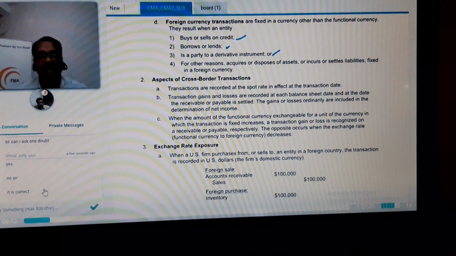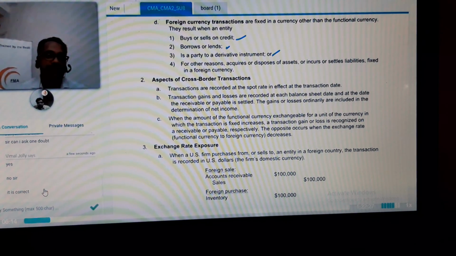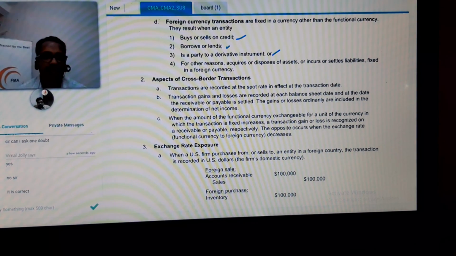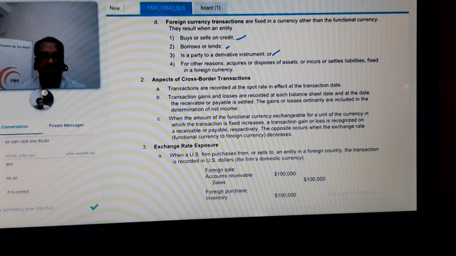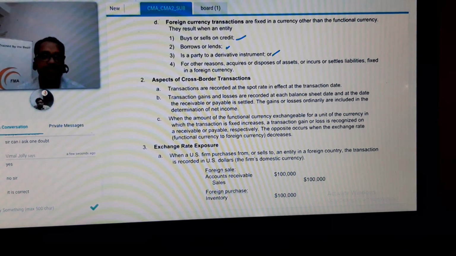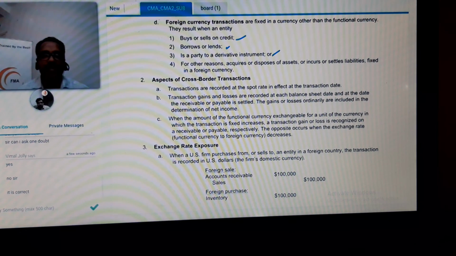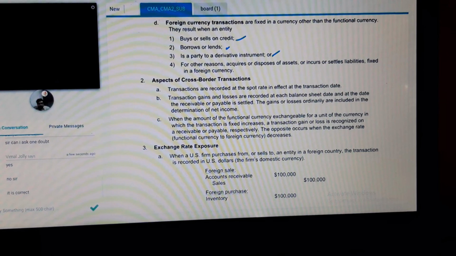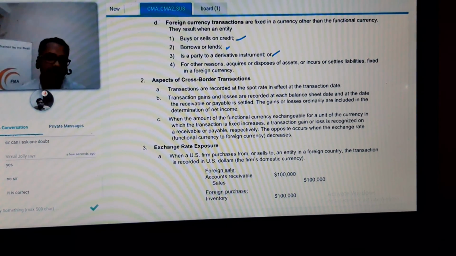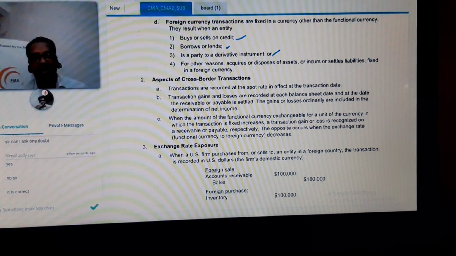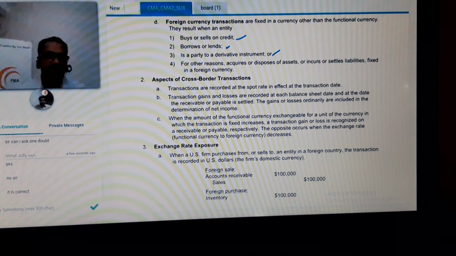The transactions are recorded at the spot rate. Let's say TCS is recording a transaction. An account receivable for a sale of $1 million will be recorded at today's spot rate. Now there will be gain and loss. We have seen what the risk is for TCS. When the foreign currency appreciates, it is good for them.